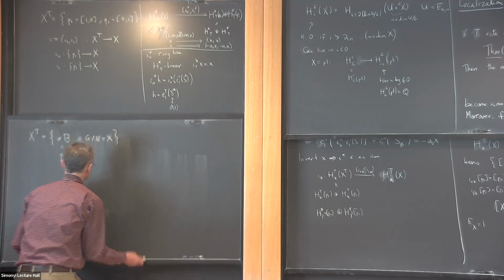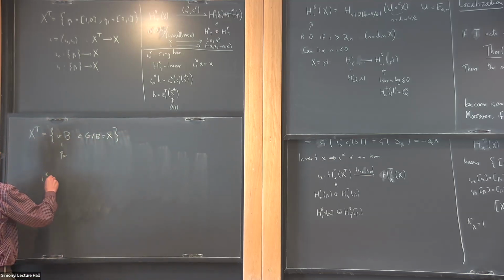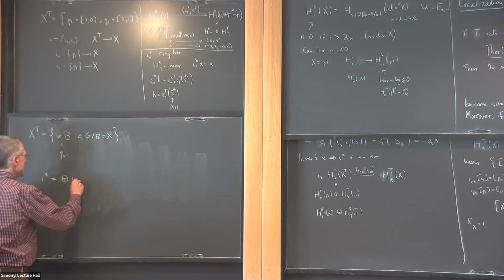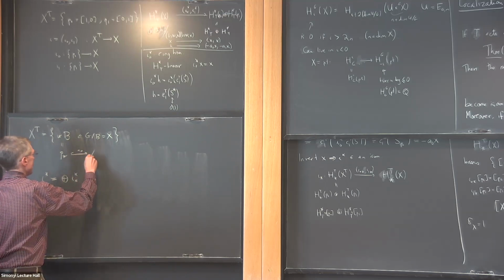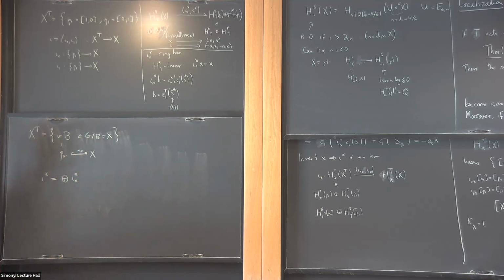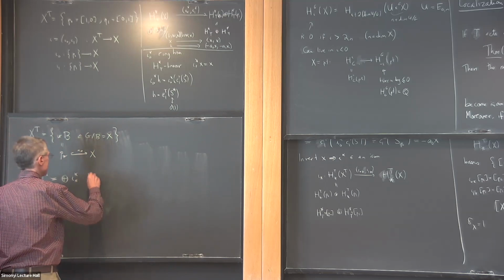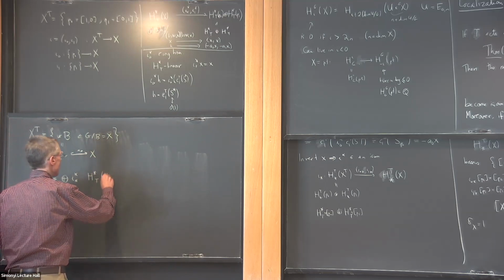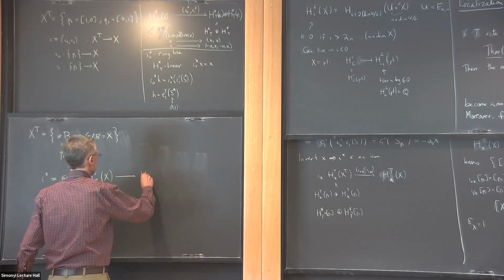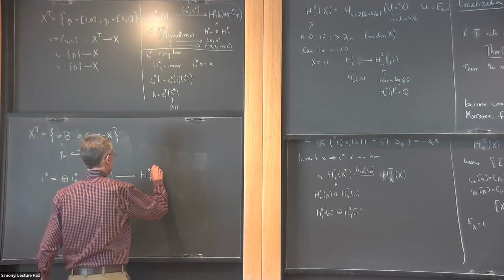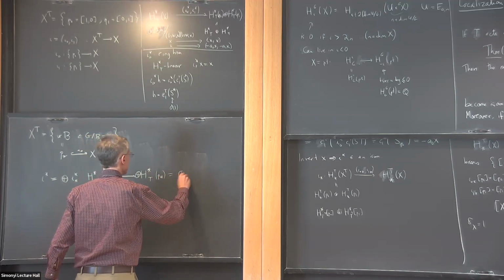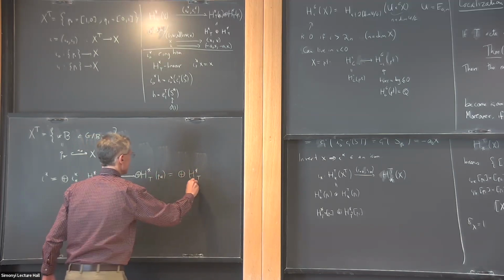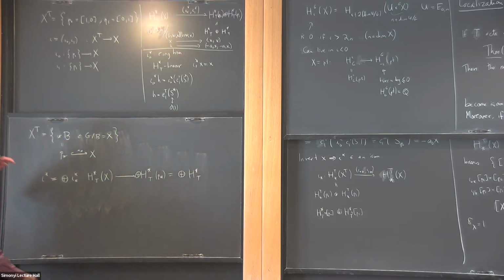And so we have I star is really the direct sum of I_w star, going via I_w into X. So it's the direct sum of these I_w stars from H star T of X to the direct sum of these P_w, which is just the direct sum of H star T of a point.